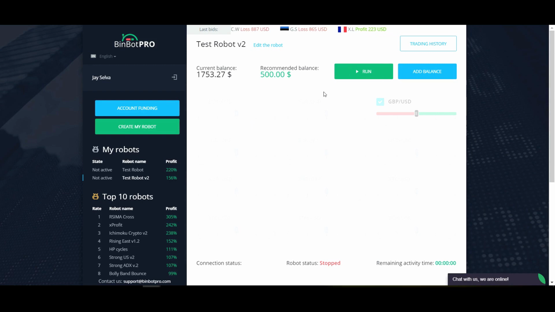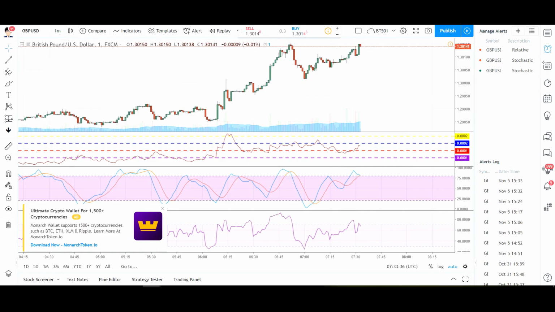Now I'm going to turn on my robot. This is one of the minor tweaks for the newer guide. Once the alert comes out, we do not immediately turn on our robot; we look at the timer and wait for 30 seconds. Say for example right now, you can see in the lower right corner the time is 7:33 54 seconds.